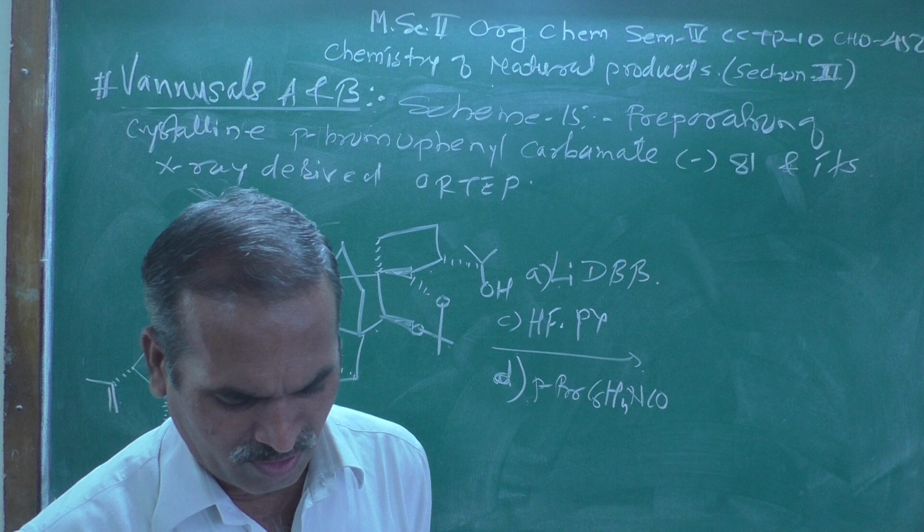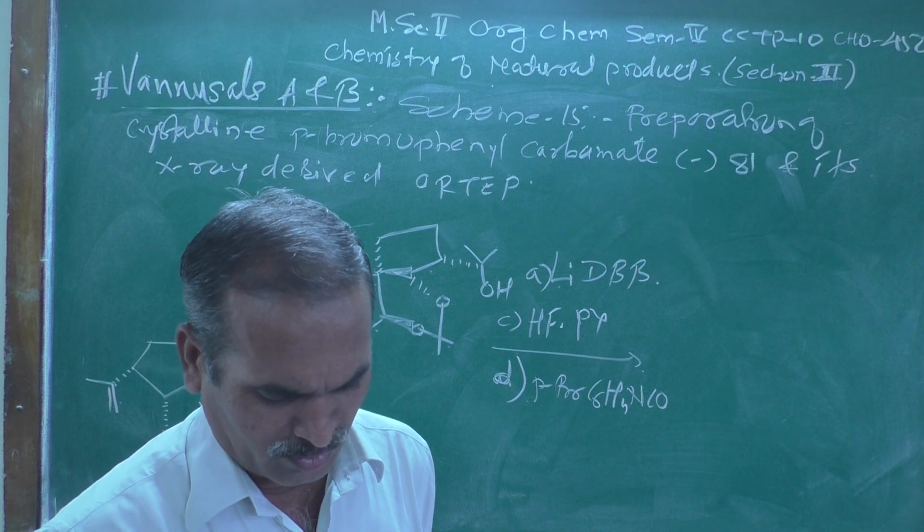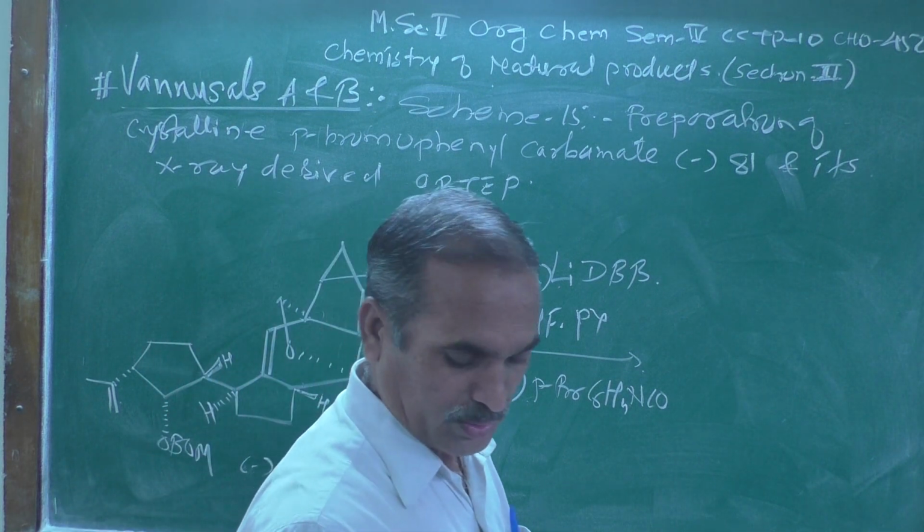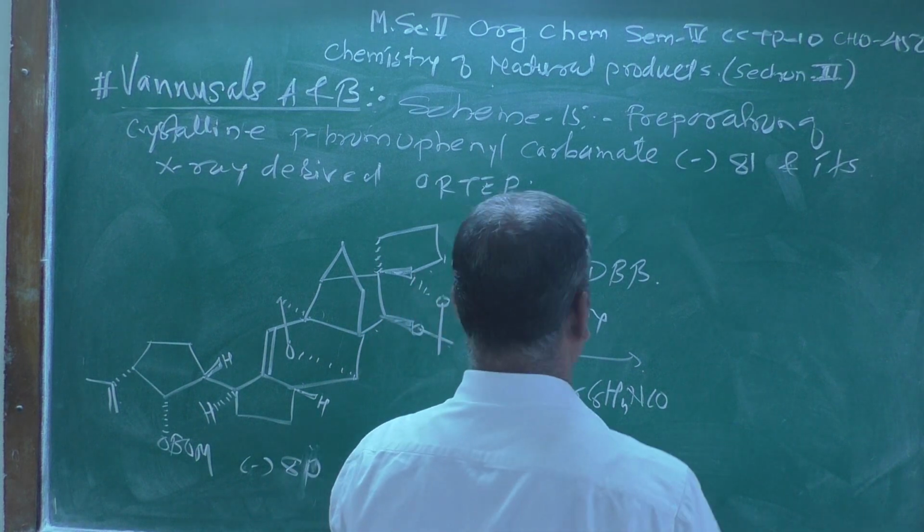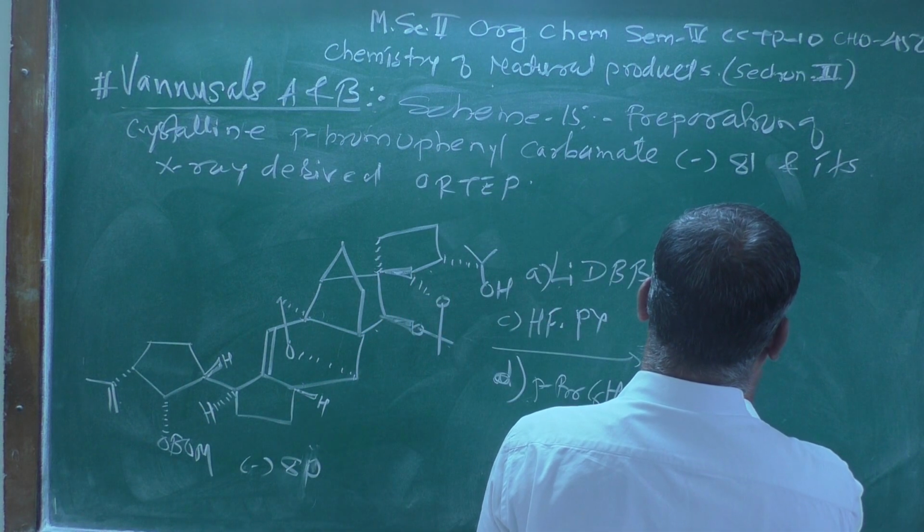After the addition of all these groups, what do you get? You are going to get structure number minus 81, and which one will be this one?